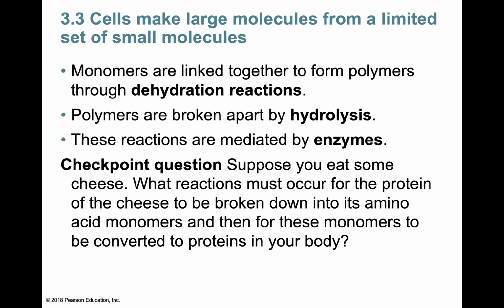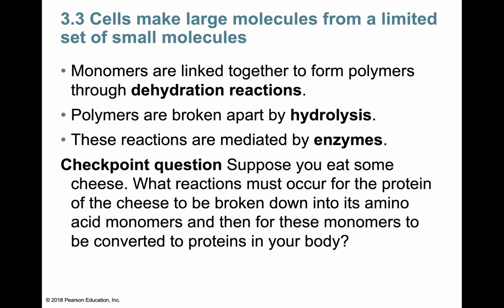These monomers can be linked together through different types of reactions. We can have a dehydration reaction or we can have hydrolysis. These are going to either involve the use of water or the creation of water during the reaction. We know that these reactions are mediated by enzymes, which are our biological catalysts, right?